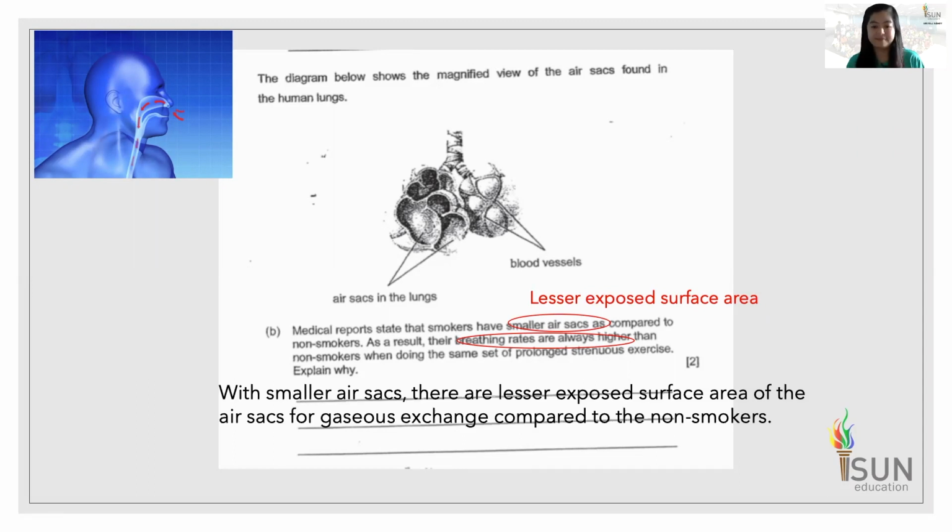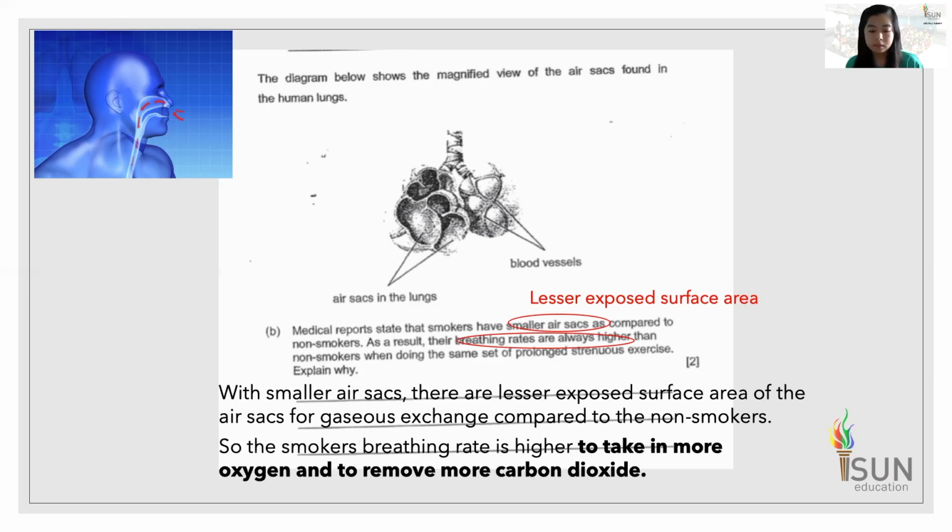So first thing first, we talk about with smaller air sacs, there is lesser exposed surface area of the air sac for gaseous exchange compared to the non-smokers. So the smoker's breathing rate is higher to take in more oxygen and to remove more carbon dioxide.